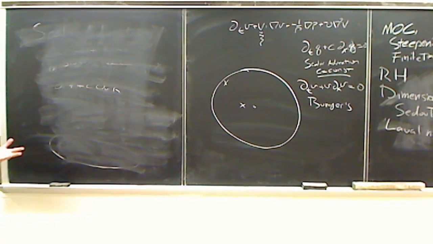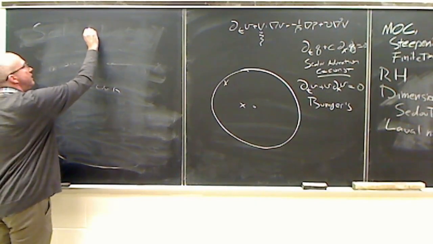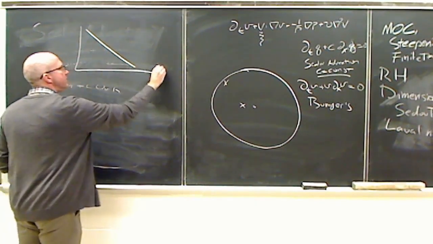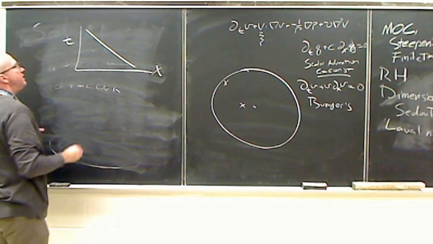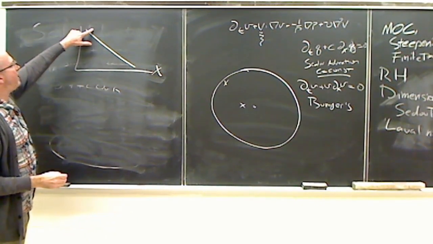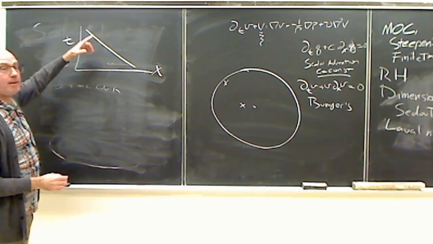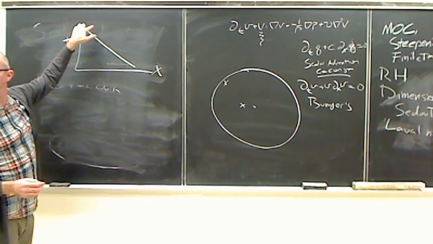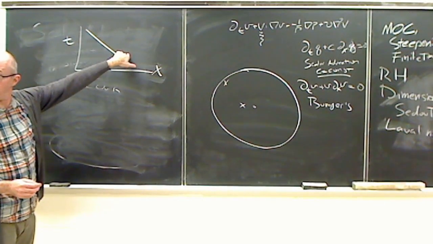So I'm going to start with a simple cartoon example. If my velocity goes like this, this is x and this is t, if I start off with a high velocity here and a low velocity here, what's going to happen? This material here is going to run into this material here.